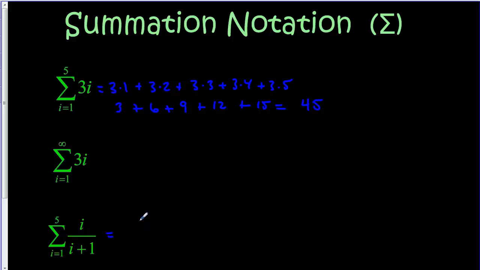So here we would have 1 over 1 plus 1, which is 2, and then 2 plus 1 would be 3. And we're going to do this 5 times. And then you could get a calculator and add those numbers up. So this is called sigma notation.